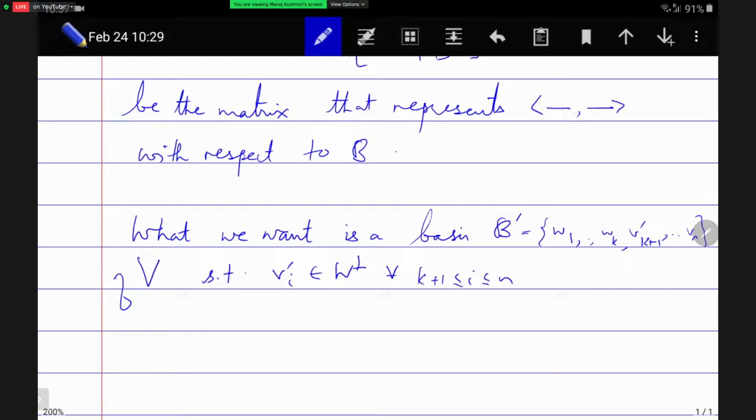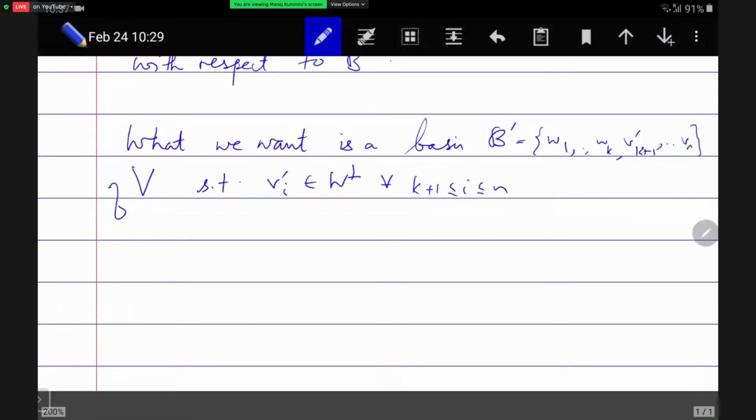That's what we want. Now where I stopped is, how would we know that we have found such a basis? In any such basis B prime, this form is given by the matrix whose entries are the bilinear product of the ith vector in the basis with the jth vector in the basis.